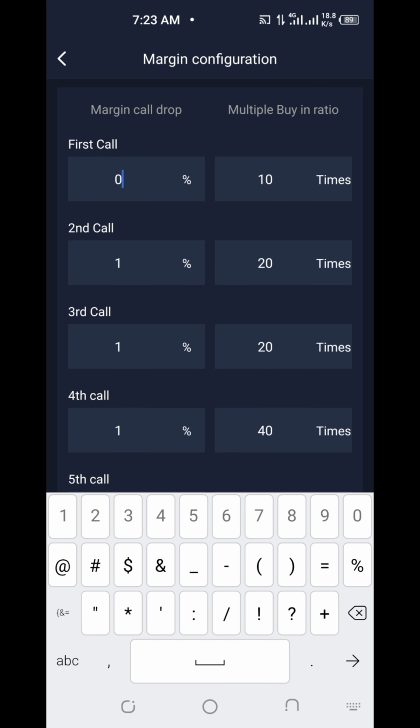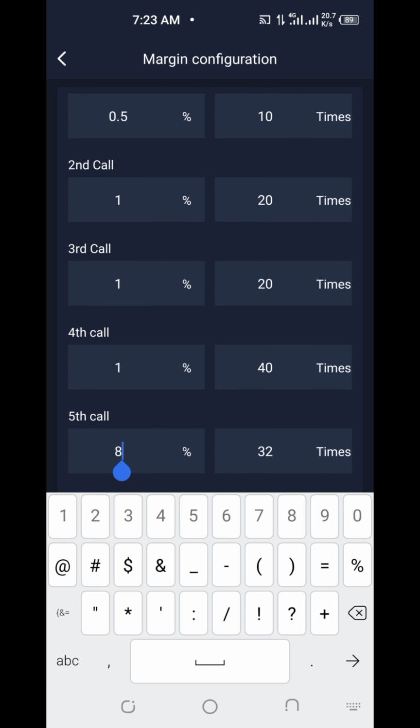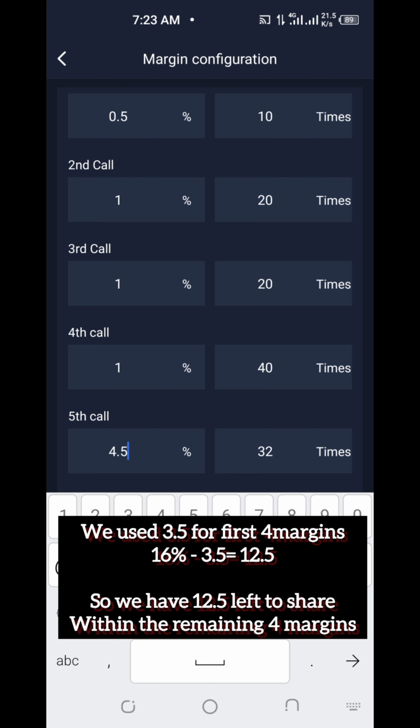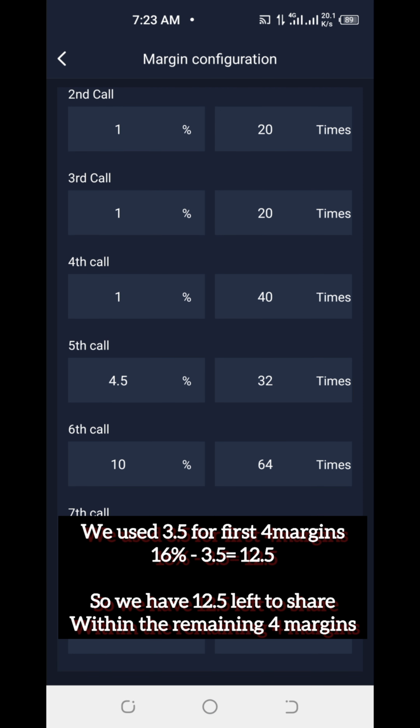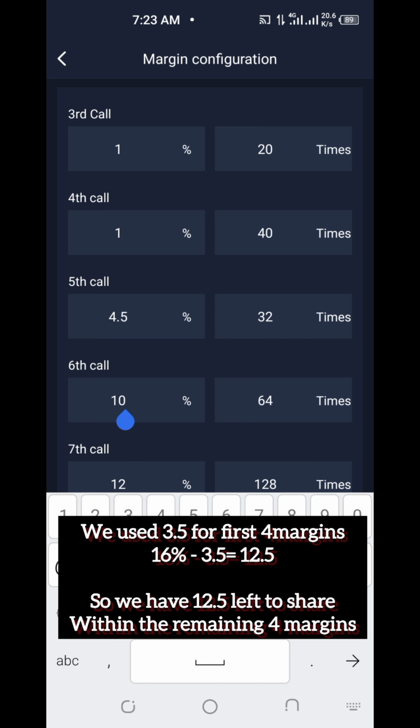So here we are changing this back to 0.5. Remember, we have used 3.5 from the first to the fourth call already. So let's use 4.5 here. So if we use 4.5 here, that is a total of 8. So it means we have used 8%, and we have 8% left to share within the last 3 margins. So how do we share that 8%?